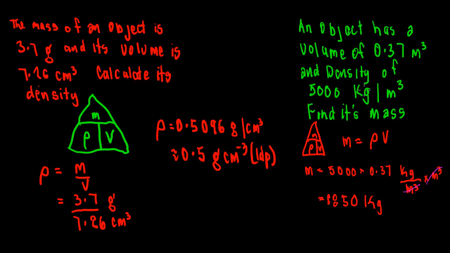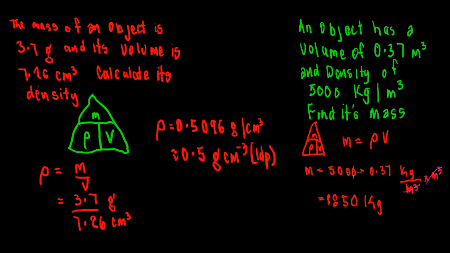So let's have a look at another one, a little different one. An object has a volume of 0.37 cubic meters and a density of 5,000 kilograms per cubic meter. Find its mass. Well, here you go. Put your finger over the mass here, and that's equal to PV, density times volume.